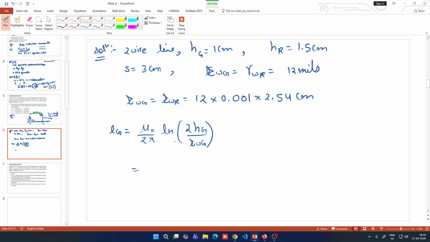So now we know everything here. Mu naught is 4 pi into 10 to the power minus 7, divided by 2 pi, natural log of 2 times Hg, meaning the distance between the ground and the generator conductor, which is 1 centimeter, divided by Rwg, which is the radius of the wire, 12 into 0.001 into 2.54.